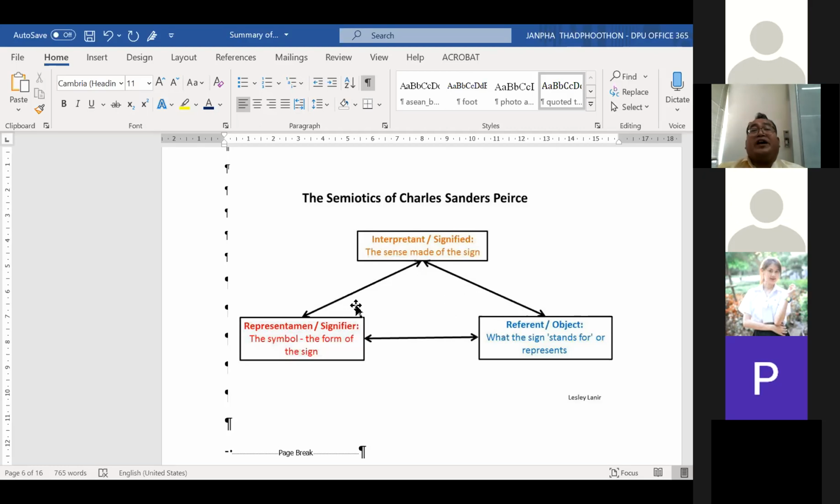But the real thing, this bottle of water, you see this? This is water according to Peirce. So this is very important. I just drank the water.